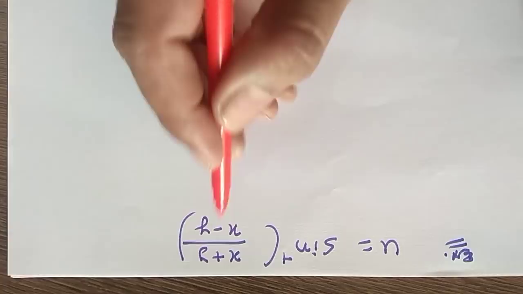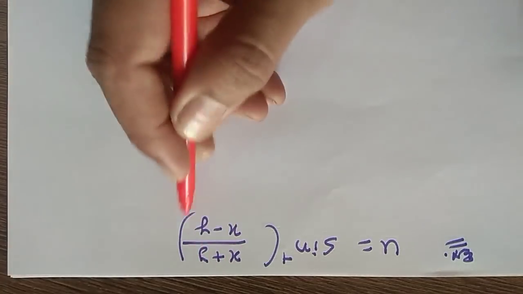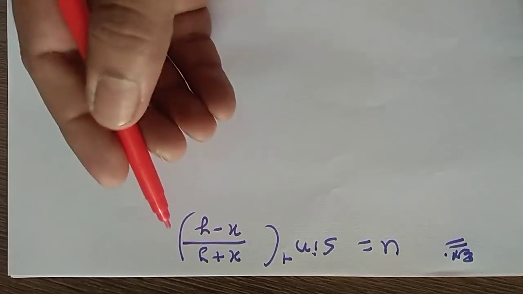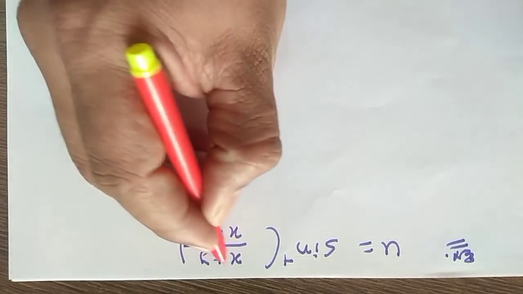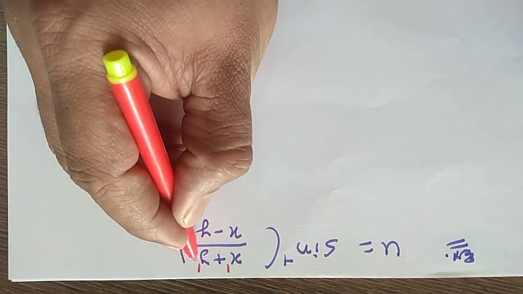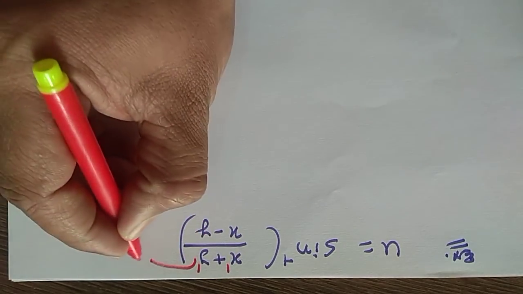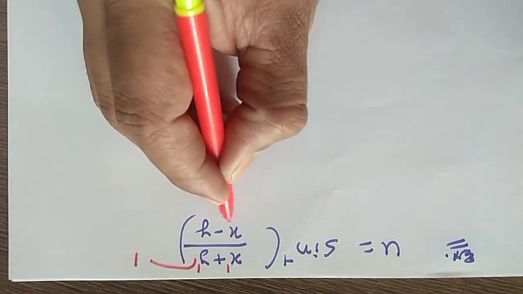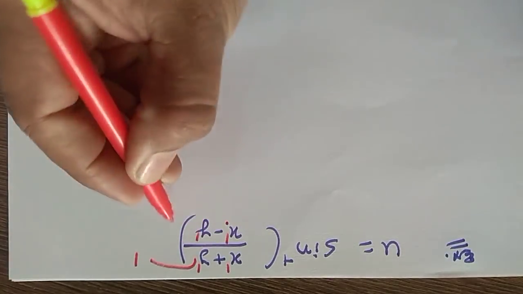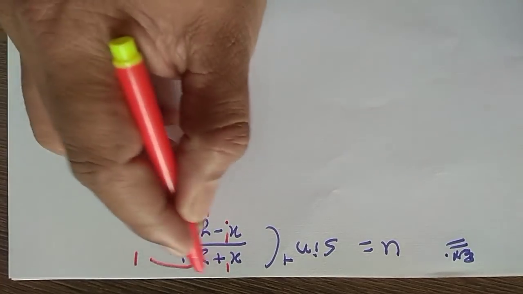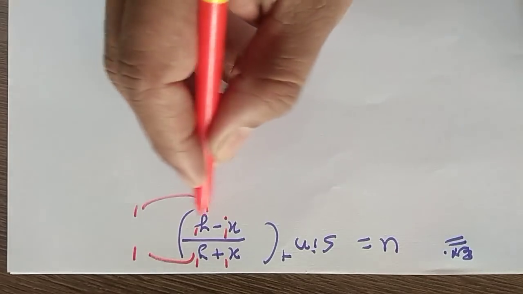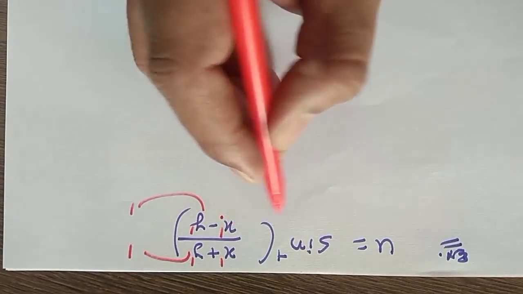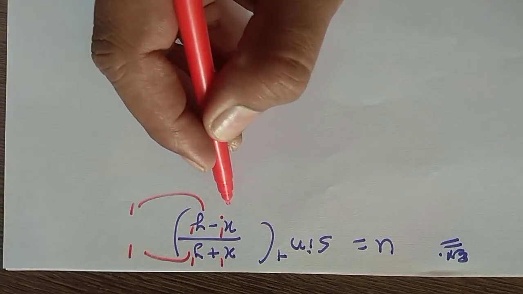I will talk first about its angle. Now, the angle must be homogeneous. Here the numerator is of degree 1, and the denominator is of degree 1. Therefore this total angle is homogeneous. If the angle is homogeneous, then we can talk about whether this total function is homogeneous or not.